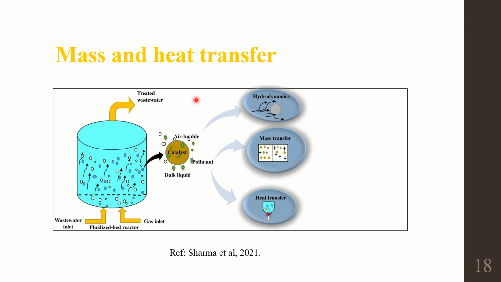So the first thing is mass transfer in fluidized beds. It can be studied by using three mechanisms. The first one is diffusion, the second is convection, and the third is chemical reaction. So when does mass transfer in fluidized beds take place?